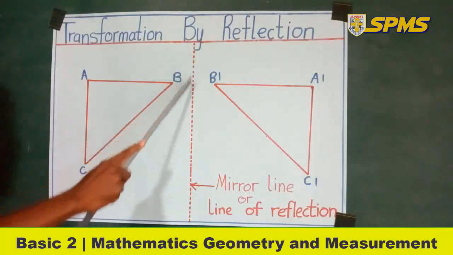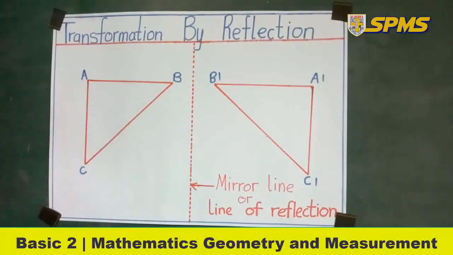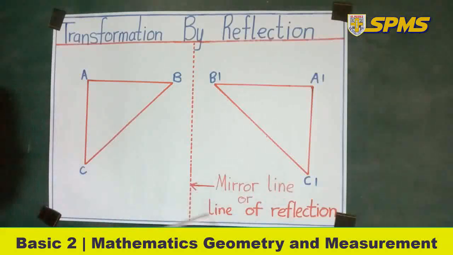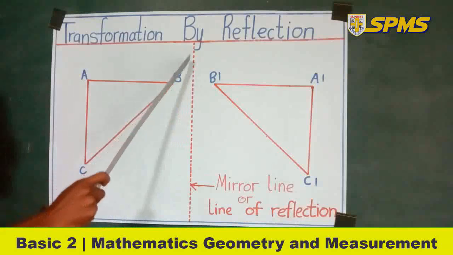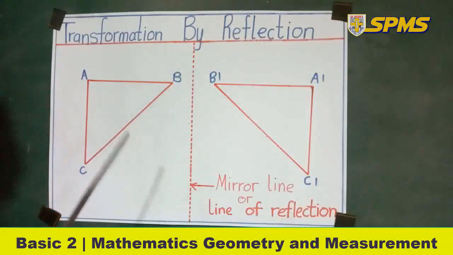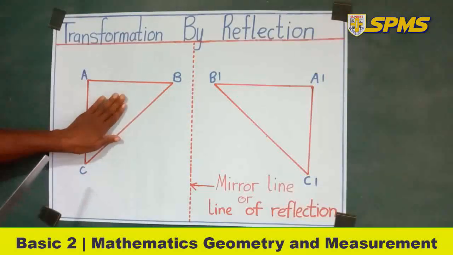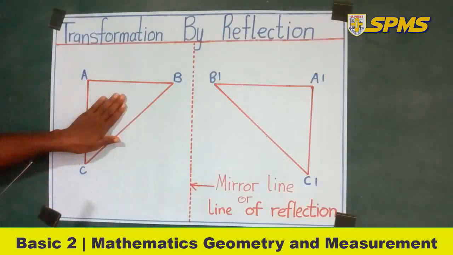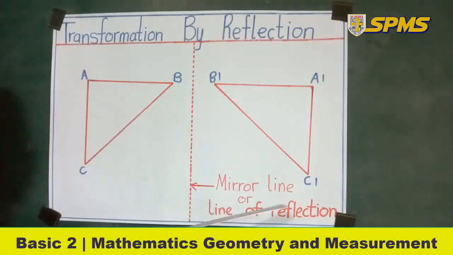What is it doing here? This is the mirror line or line of reflection. This is the line on which the original object has been reflected. That is why it's called the mirror line or line of reflection.